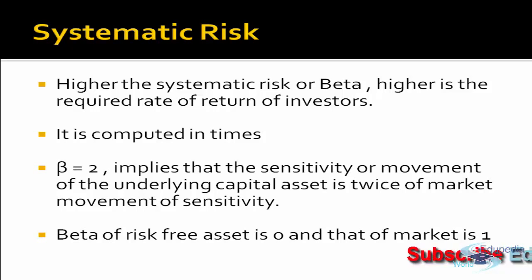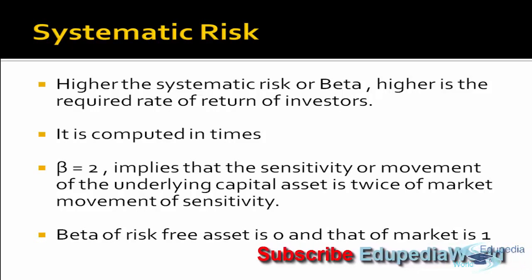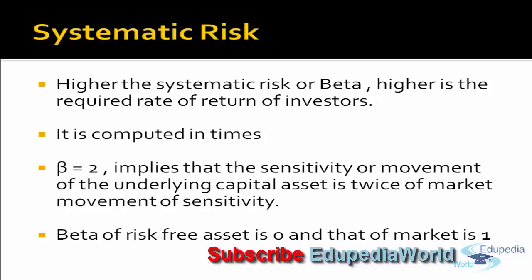What is risk? It is computed by the beta coefficient. The higher the beta coefficient, the riskier it is, the more the expectation of the shareholder from you, and the more the cost of equity. Beta coefficient is always computed in times. So if you say that your stock A is 0 times, that means it is a risk-free asset. For the market it is 1.